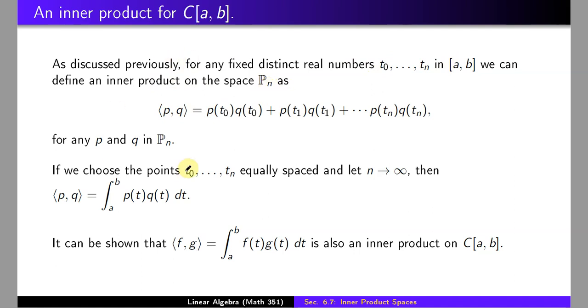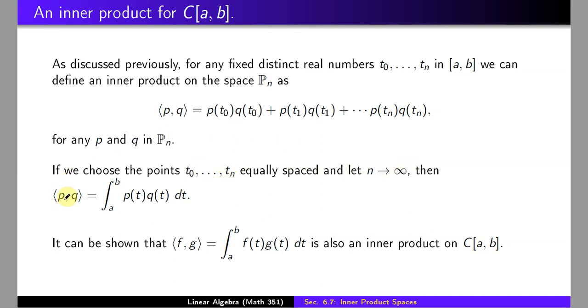However, if we choose those points, t naught, t1 through tn, so that they're equally spaced, and we let n tend to infinity so that it fills out, just like in Calc 1 and Calc 2, we're filling out more and more of these points, or nodes.